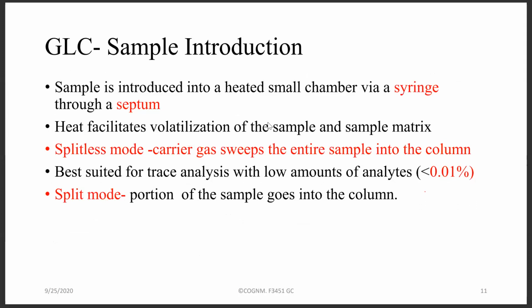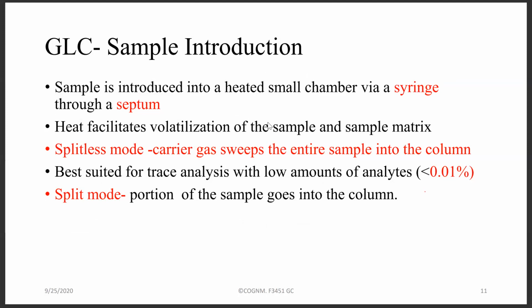The sample is usually introduced into a small heated chamber by a syringe through a septum. Heat facilitates the volatilization of the sample matrix, and the carrier gas sweeps the sample into the column.